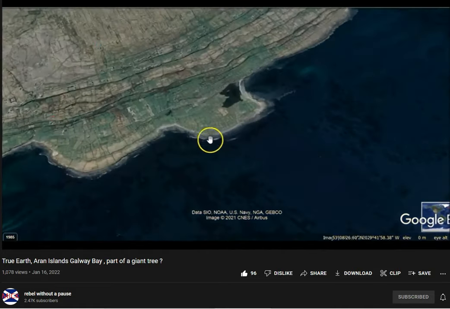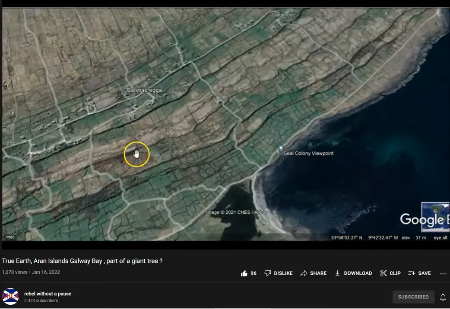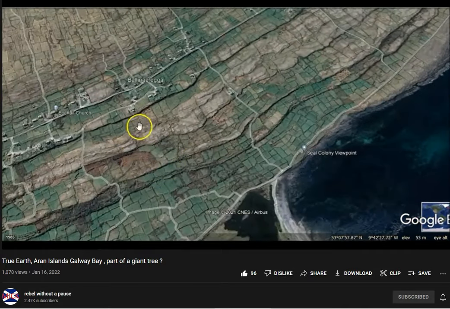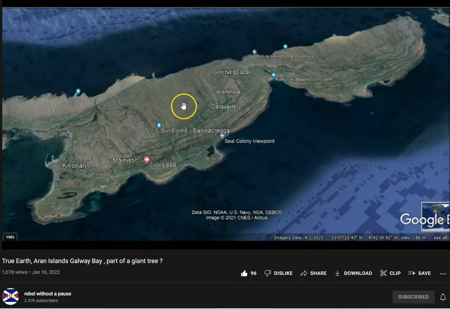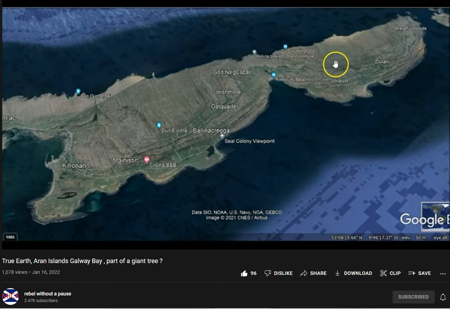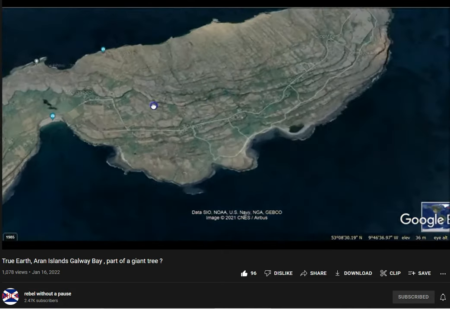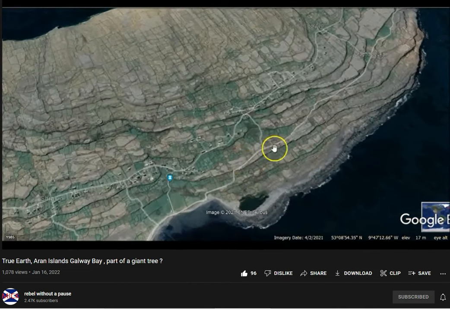When you look at it from this angle, you can see the separate tree rings, as would happen had this been a branch. So the same thing applies here. You can see the different tree rings.